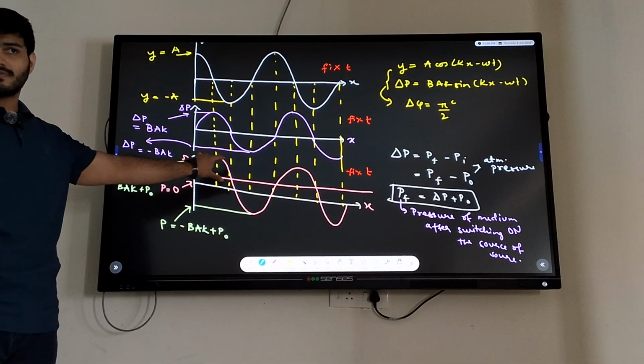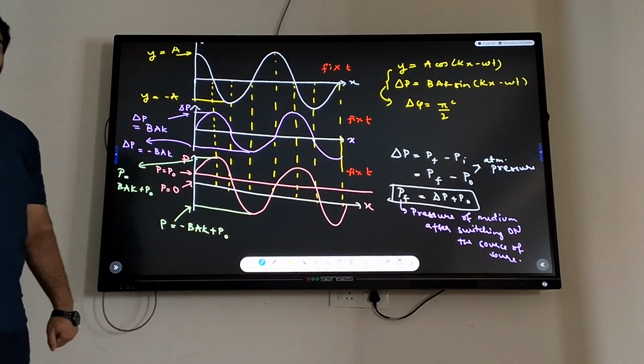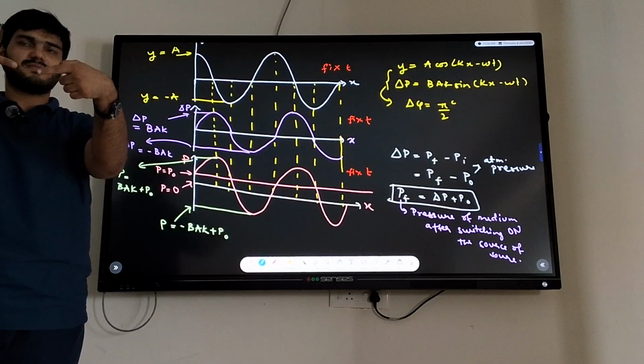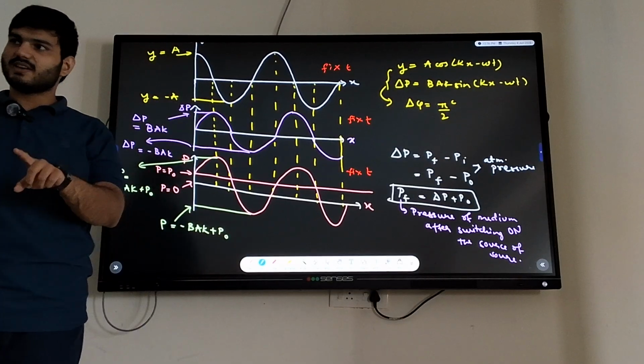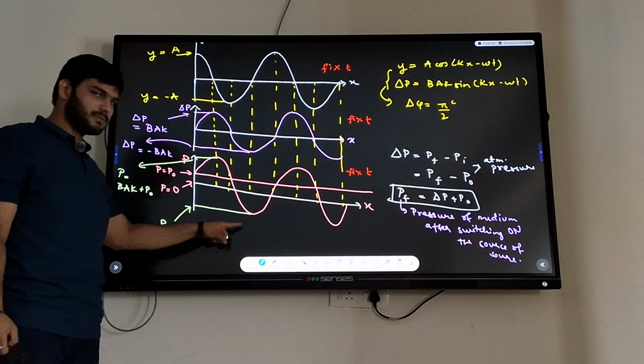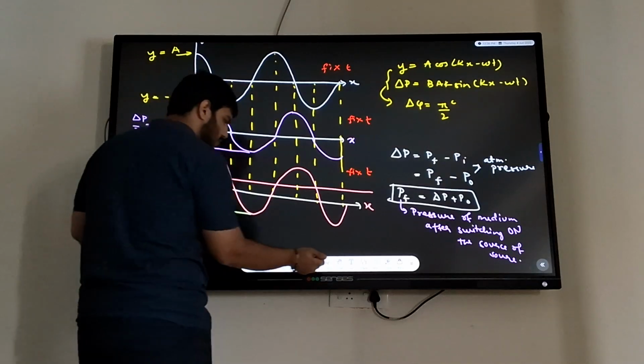The closest to the source of sound. At points of compression, the particles are going towards each other. Then you will have maximum pressure here. And what about those points at which you are finding minimum pressure? What will you get there? Rarefactions. So what should the picture look like?